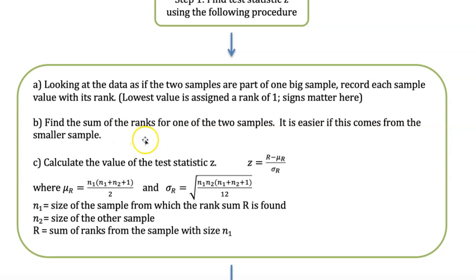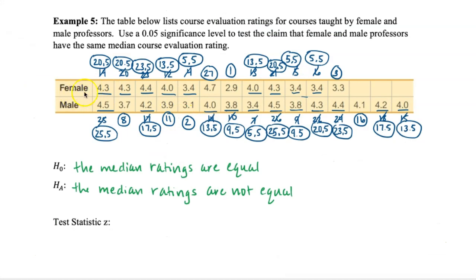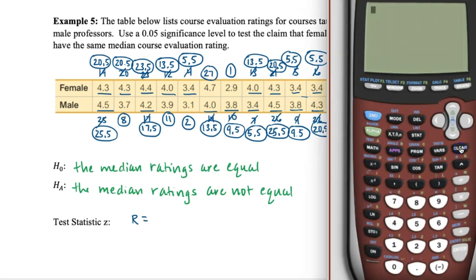I'm going to call sample 1 that of the female professors. So first I'm going to find the sum of the female professors' ranks. This will be R, and I can do this in my calculator. I'm just adding up these ranks, not the ratings, just the ranks.